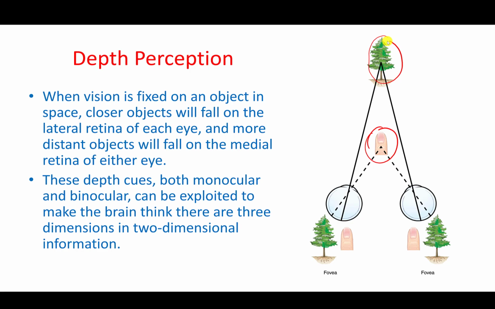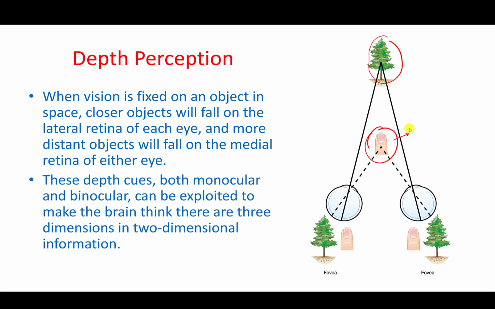If you put your finger in front of a tree and look at your finger, you will see that your finger is bigger than the tree. But your brain understands that this is not correct, that your finger is not as big as a tree. So therefore, it will interpret that your finger is close to you versus the tree being far from you.